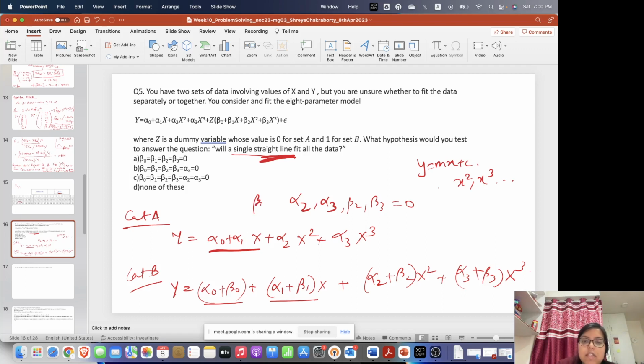If we also set those to 0, then we would just have one straight line. Okay, straight line meaning it's not quadratic or cubic, it's like y equals mx plus c. The power of x is 1. So the correct answer is option C.